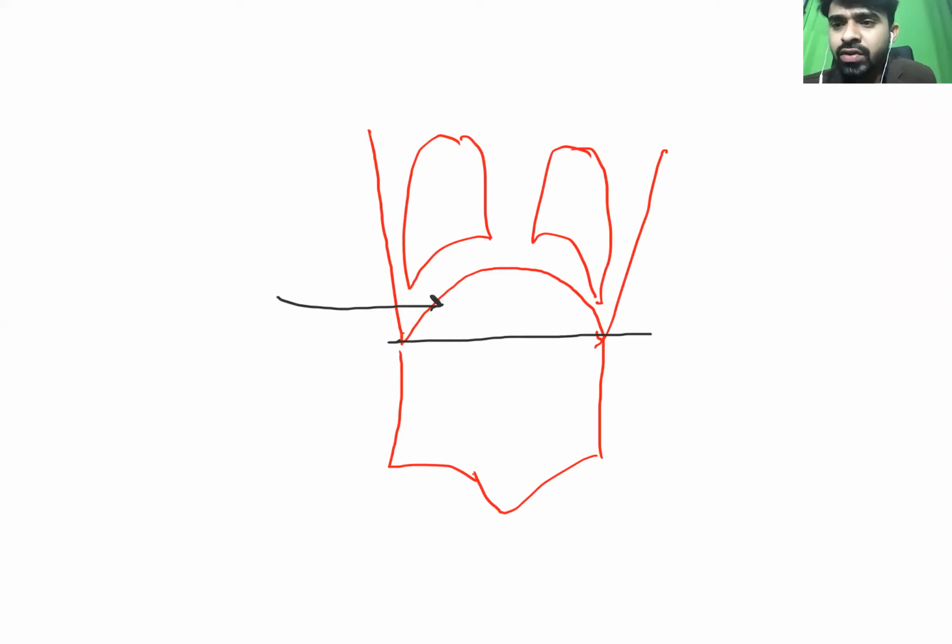If you have watched my video, I have repeatedly explained that when the diaphragm is contracting during inspiration, it has to come down. It should be flat. So this is the relaxed phase of the diaphragm, but this flat phase is the contracted phase.